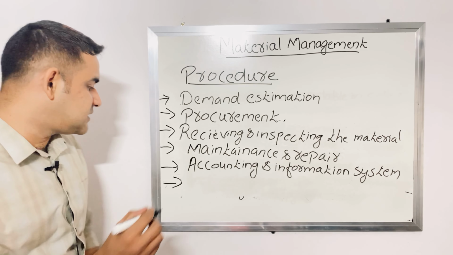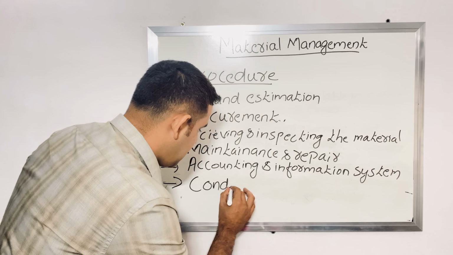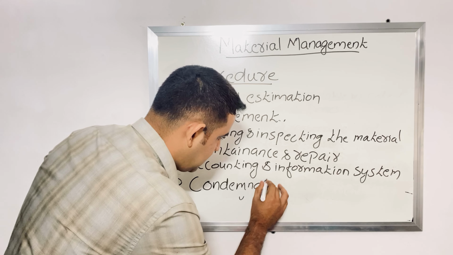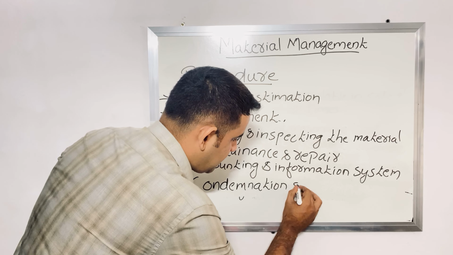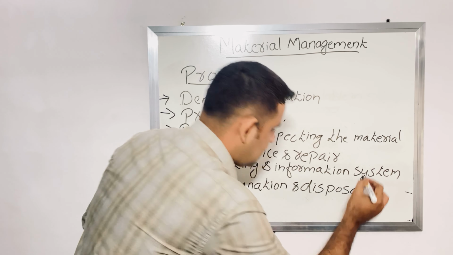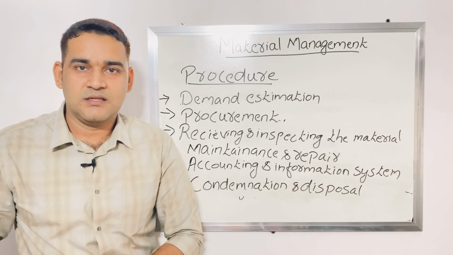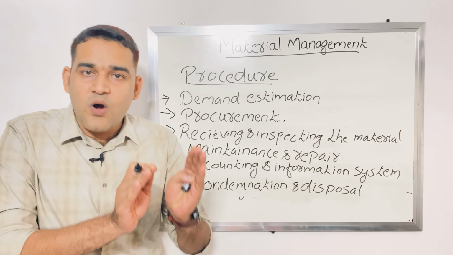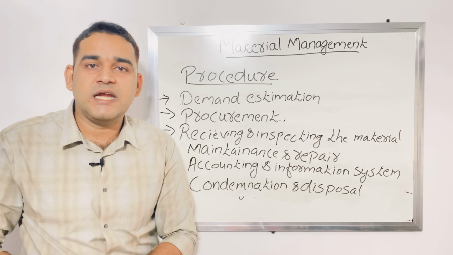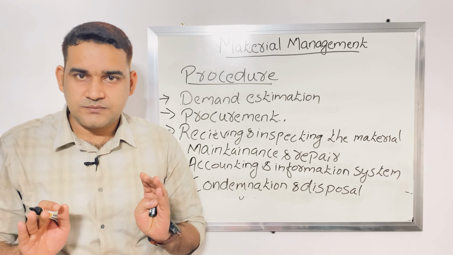And the last step is condemnation and disposal. Condemnation and disposal, as we discussed in the elements, the same only. All the non-functioning as well as the outdated and expired items should be disposed.